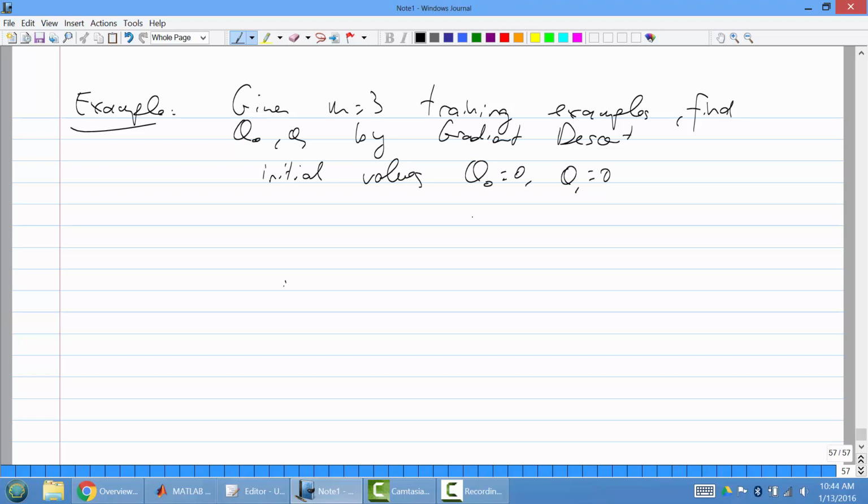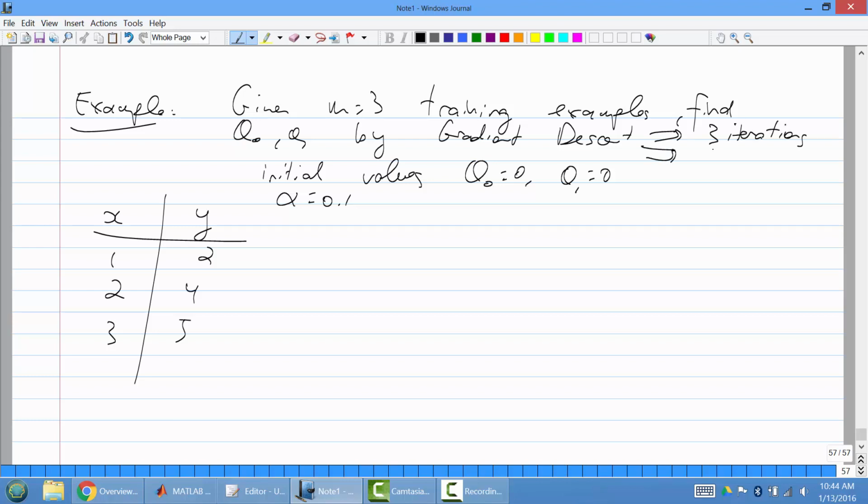And I'm going to choose a learning rate of 0.1. Okay, so I have these points: (1, 2), (2, 4), and (3, 5). So we're going to compute by gradient descent, and let's limit this to 3 iterations only.